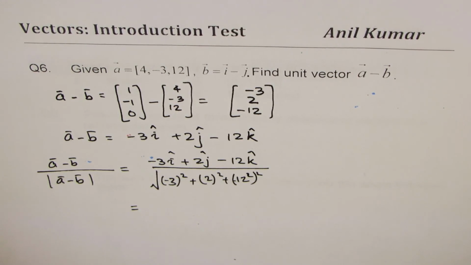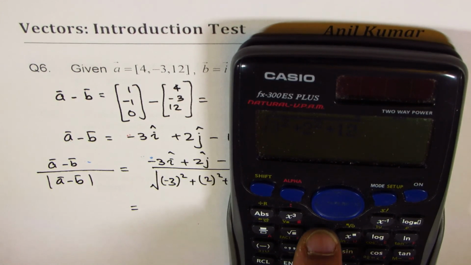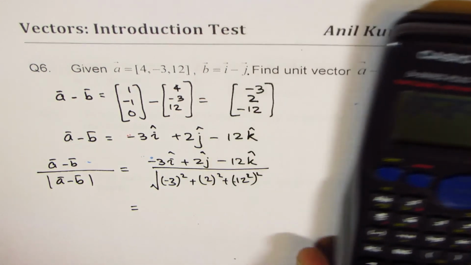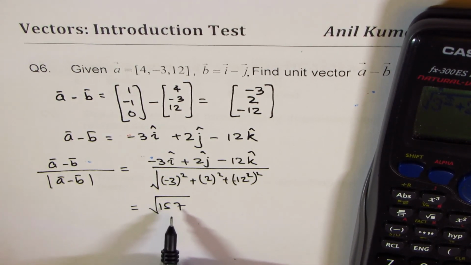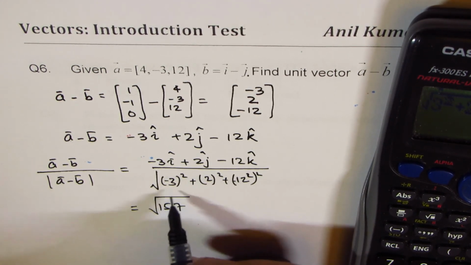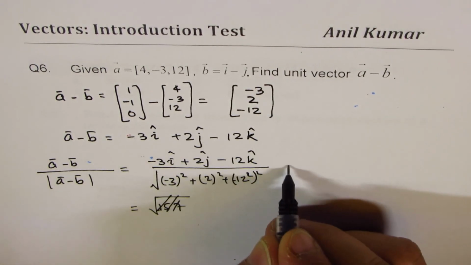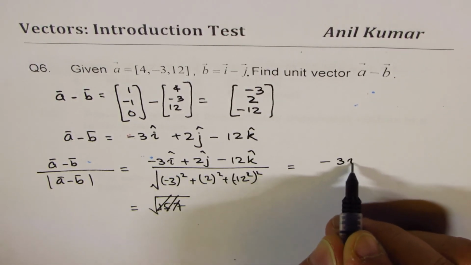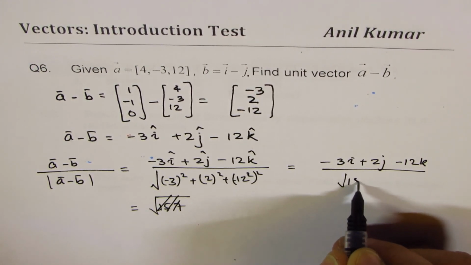So we can now write down the square root of 3 square plus 2 square plus 12 square, which is equal to the square root of 157. So that becomes the denominator, right? I'm sorry, I should actually write it like this: I should write this vector on the top divided by the square root of 157. So it is minus 3i plus 2j minus 12k divided by square root of 157, right?